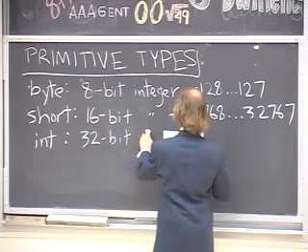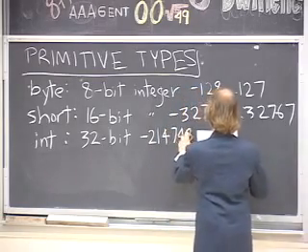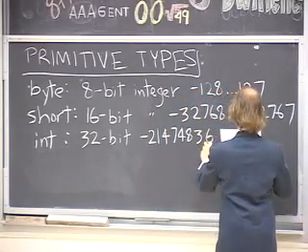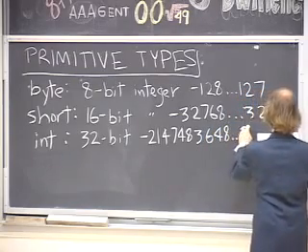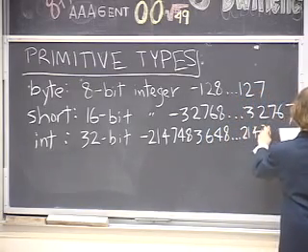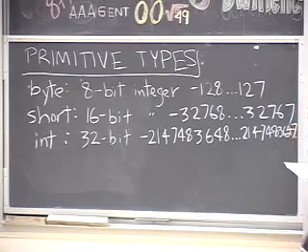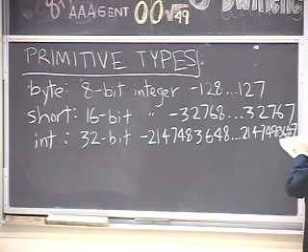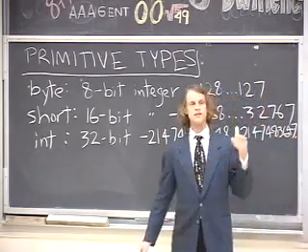And those go from about -2 billion, which gives you enough range to do a lot of things. Did I get a digit wrong there? 214,748. Okay.